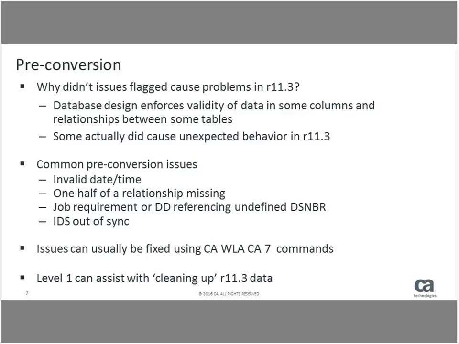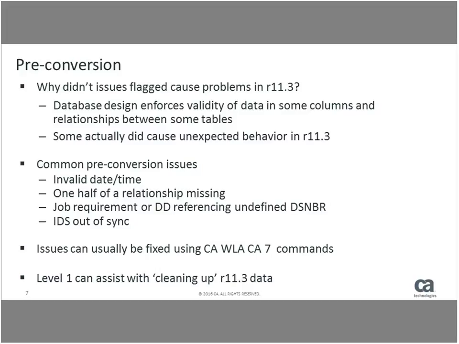Some of the common pre-conversion issues that we've seen are invalid dates and times, pieces of data missing, one half of a relationship missing, job requirements DD referencing an undefined DSNBR, and the IDS out of sync, meaning that there's numerous things that we've found in that area, but where we might have two different data set entries pointing to the same IDS entry.